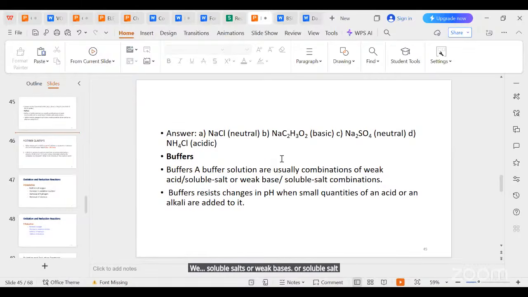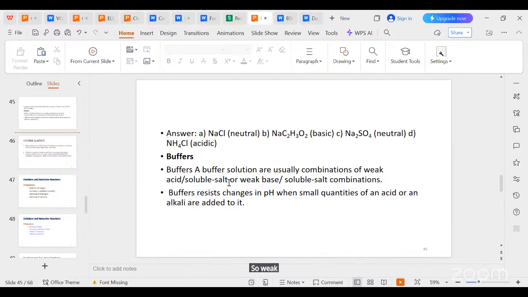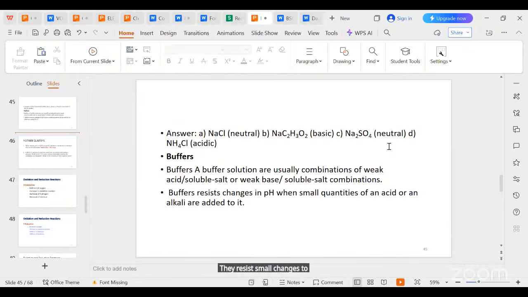They're just combinations of weak acid or weak base and their soluble salts. The thing about buffers is that they resist small changes to pH. So when you want to keep pH constant, you use buffer solution.